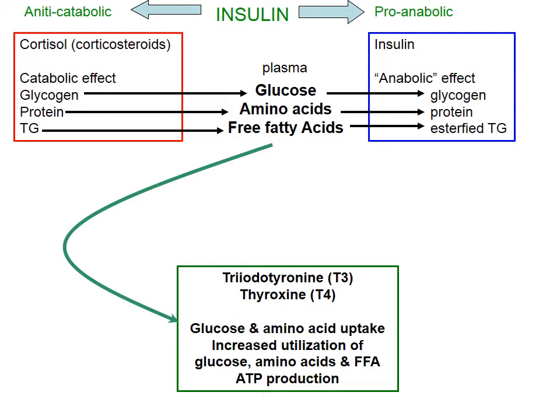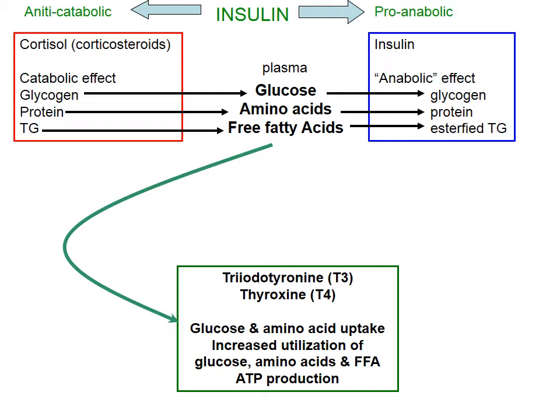If we look at these processes, insulin has the anabolic action, the building, the storing. But cortisol and other corticosteroids or glucocorticoids have catabolic effects, right? They're great for their anti-inflammatory actions, but they also have catabolic effects, causing glucose levels to rise in the plasma, causing protein degradation or breakdown into amino acids, and causing increased free fatty acids in the blood out of triglycerides.